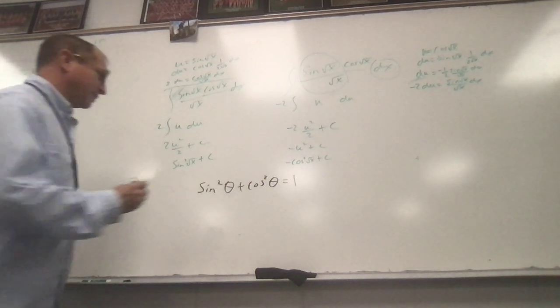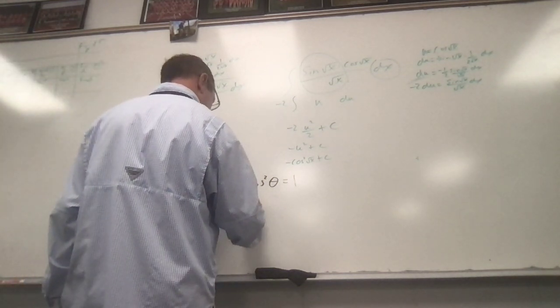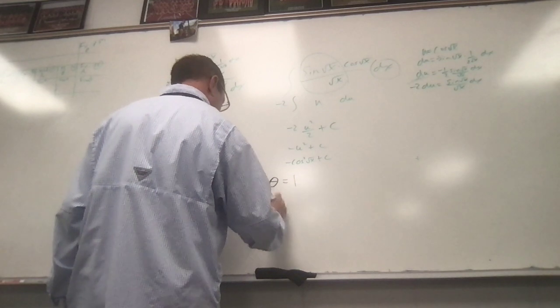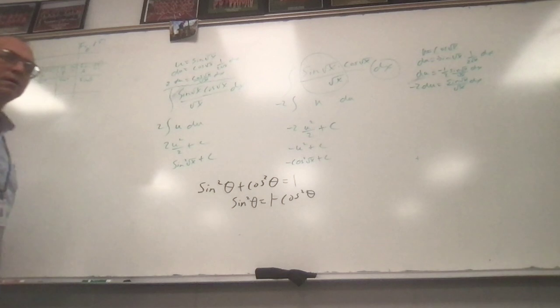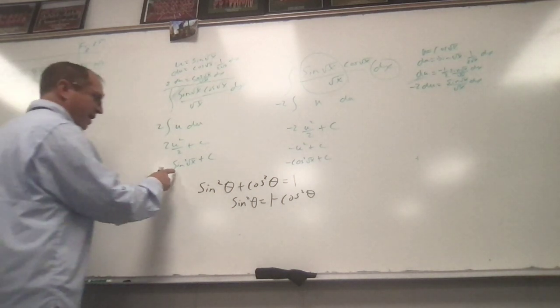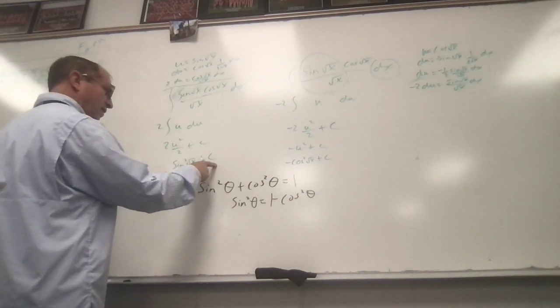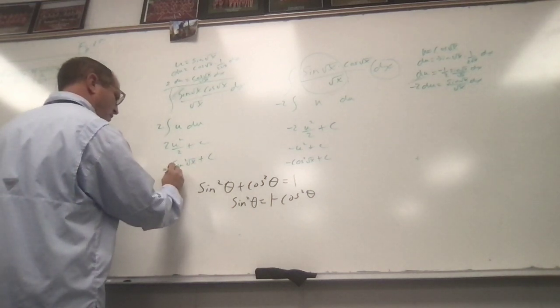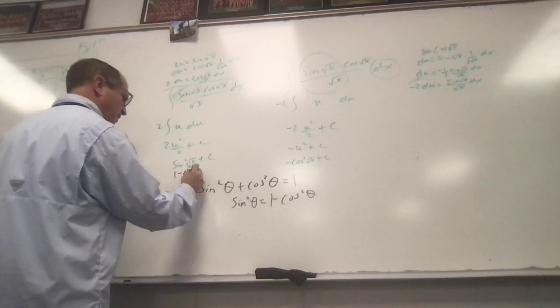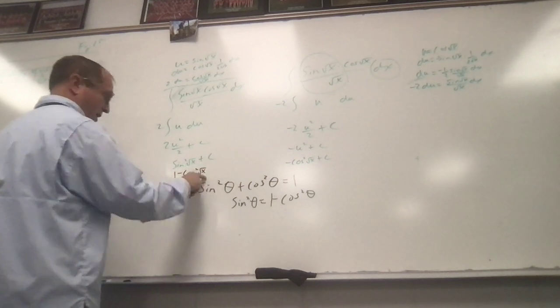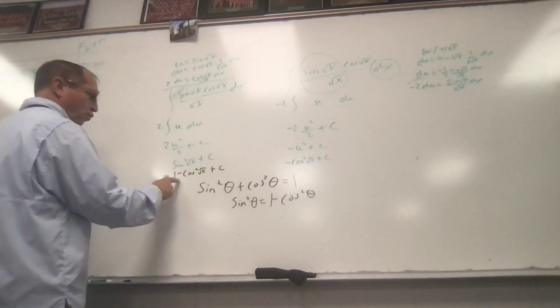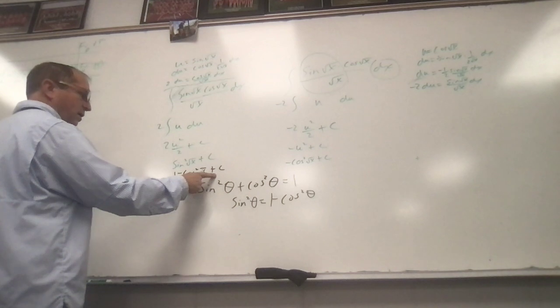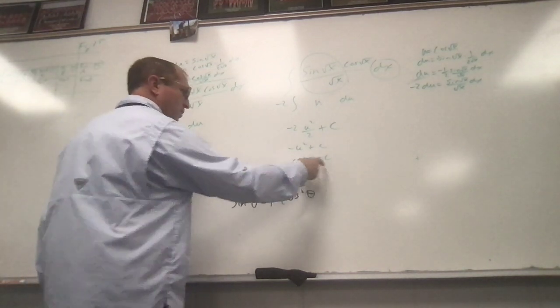All right, well, sine squared theta is equal to 1 minus cosine squared theta, isn't it? So instead of having sine squared theta, I have 1 minus cosine squared theta. But that's not the same thing, is it? I've got 1 minus cosine squared of the square root of x plus c, and here I've got negative cosine squared of the square root of x plus c.